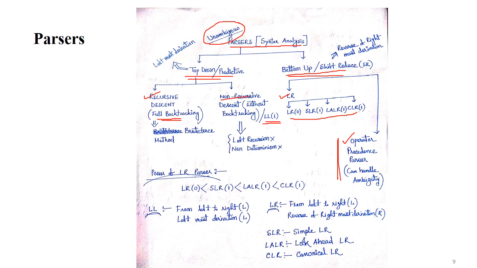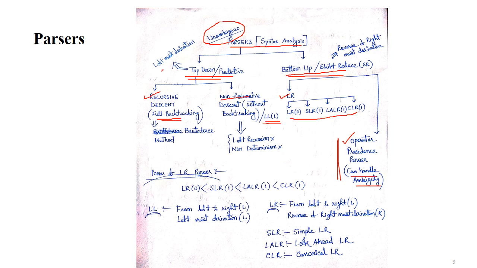None of the parsers except the operator precedence parser can handle ambiguity. So the rest cannot handle it, that means we always need unambiguous grammar except for the operator precedence parser.